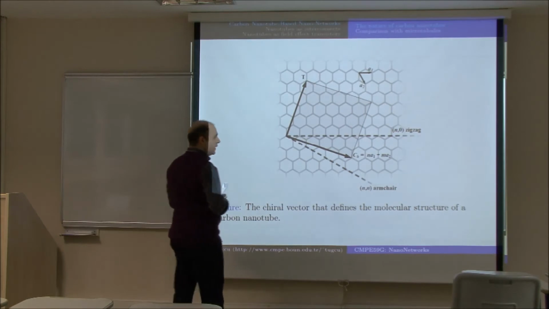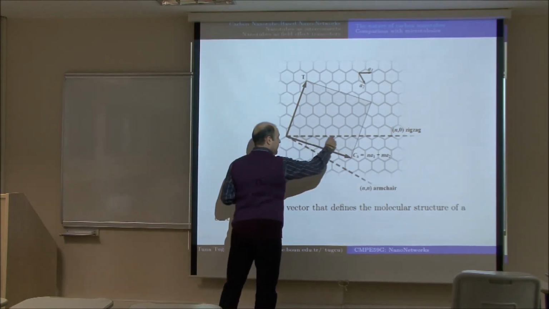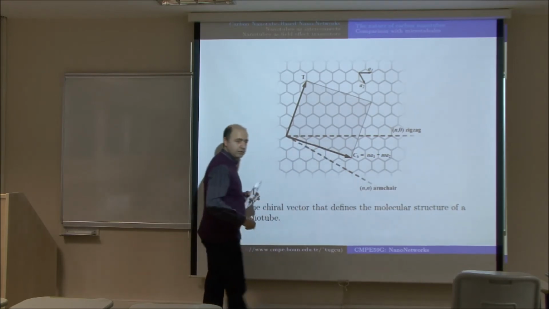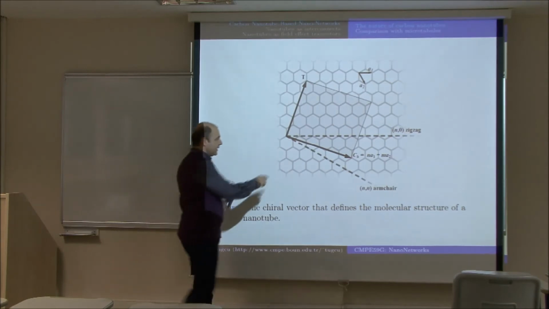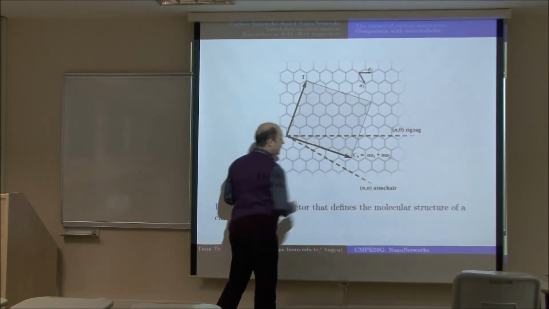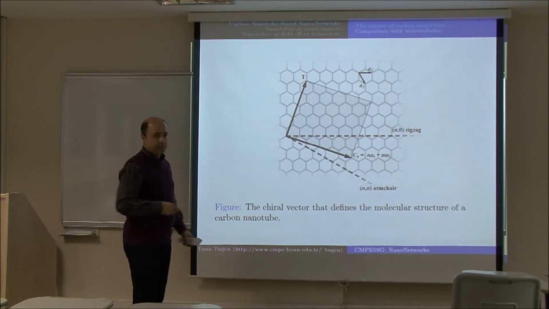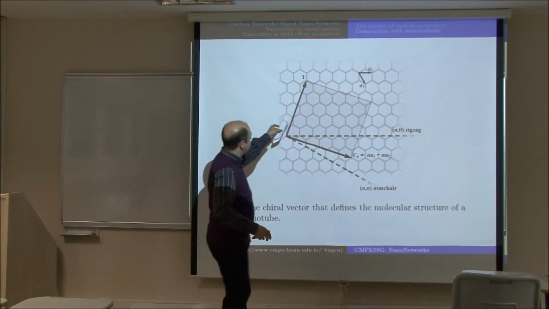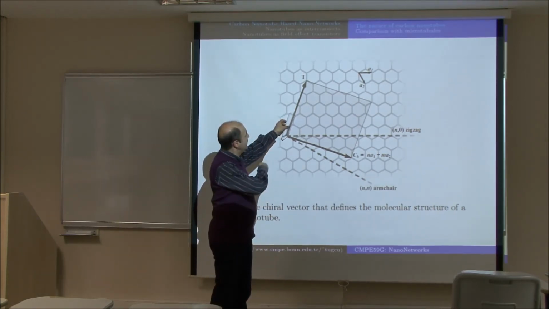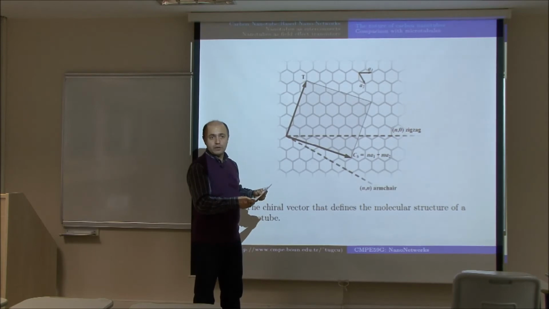Like when m is 0, this line will be the chiral vector. When m is equal to n, in that case, this line will be the chiral vector. This vector T here is the axis of the tube. Like in my case, this is a tube axis, and the chiral vector is showing how I'm rolling it.